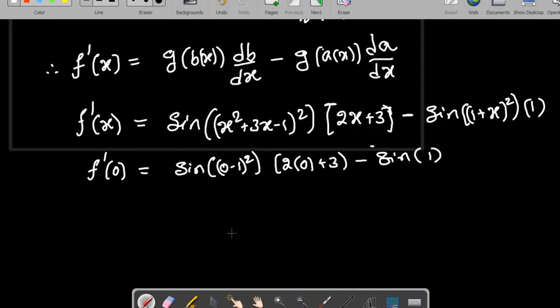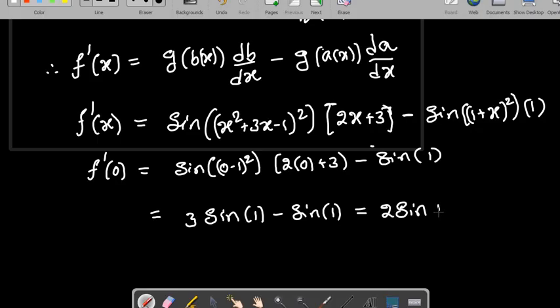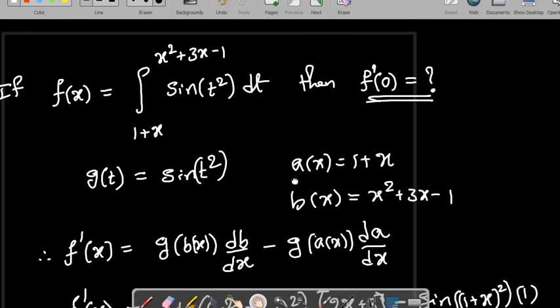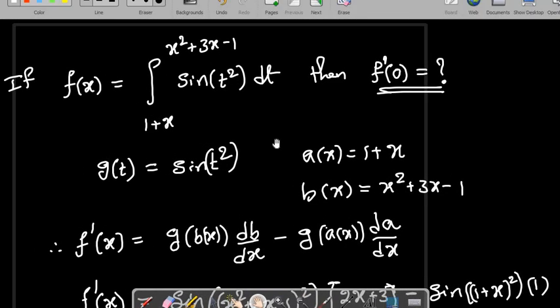And now this would be sine of 1, that is 3 times sine 1 minus sine 1, and that becomes 2 times sine 1. So this is the answer for f dash of 0. Suppose if you are asked for f dash at some other point, yes, we can evaluate it.